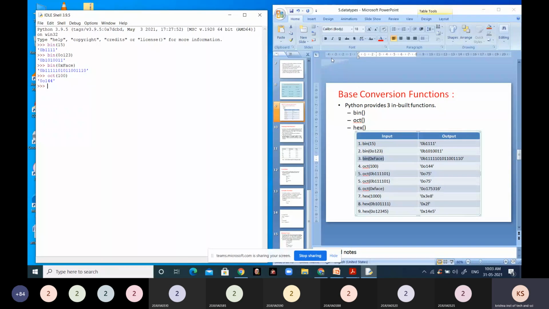You are converting a decimal value into octal. Next, convert a binary value into. Okay, so I left the parenthesis.